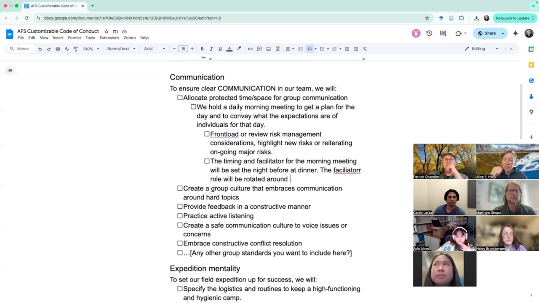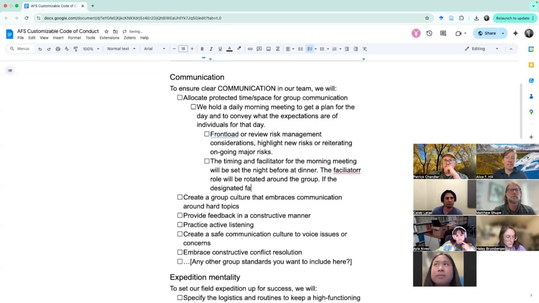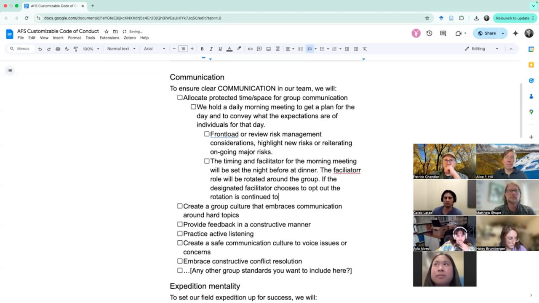So I'll amend the statement to say the facilitator role will be rotated around the group. And if the designated facilitator chooses to opt out, the rotation is continued to the next person. Okay. Cool. I like that.